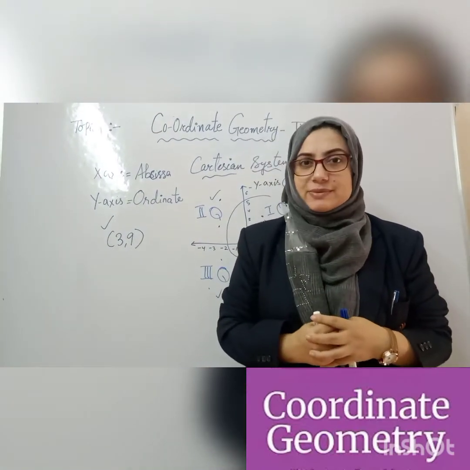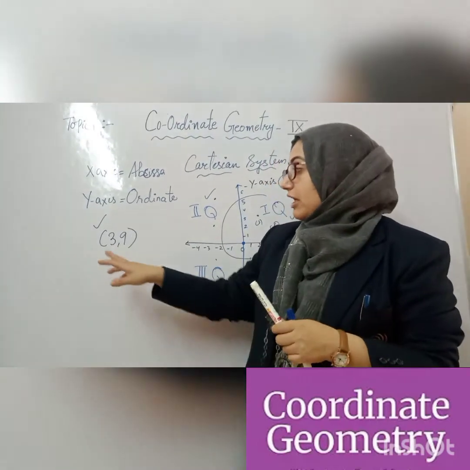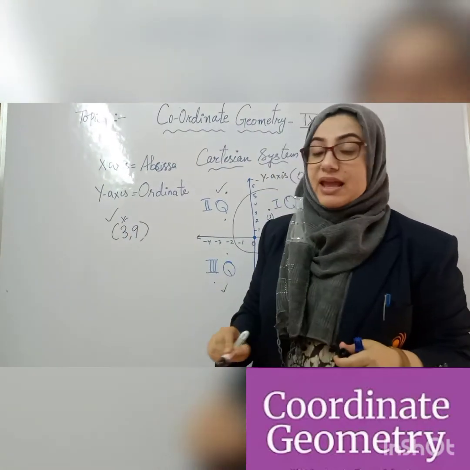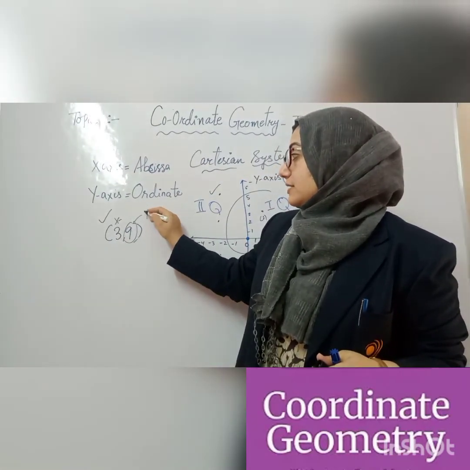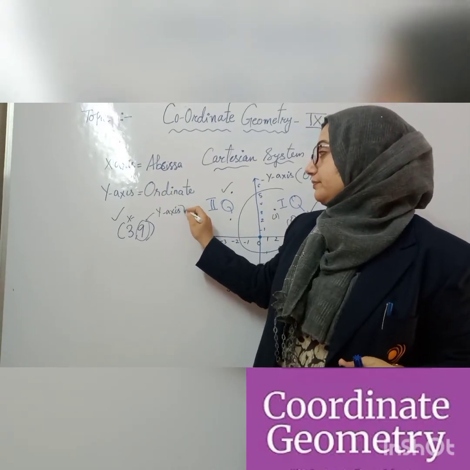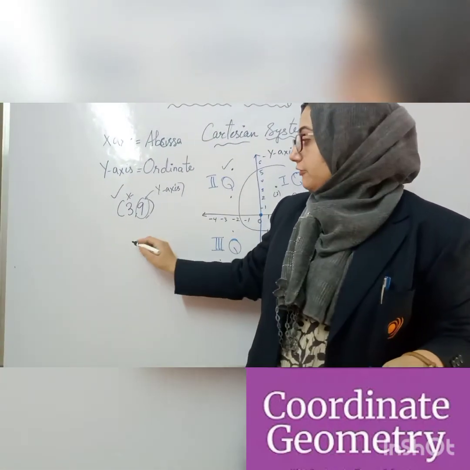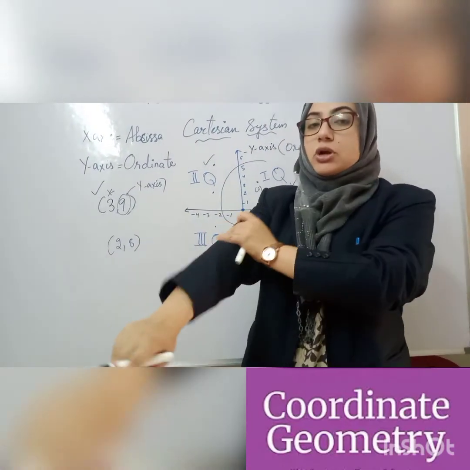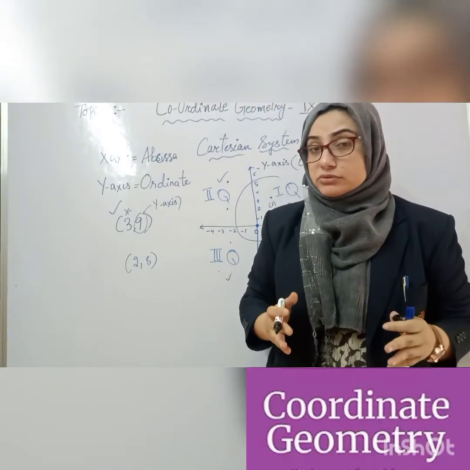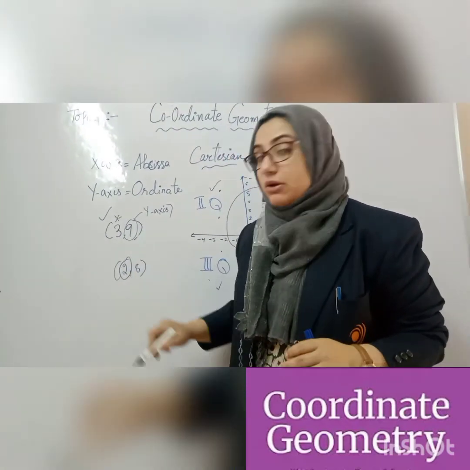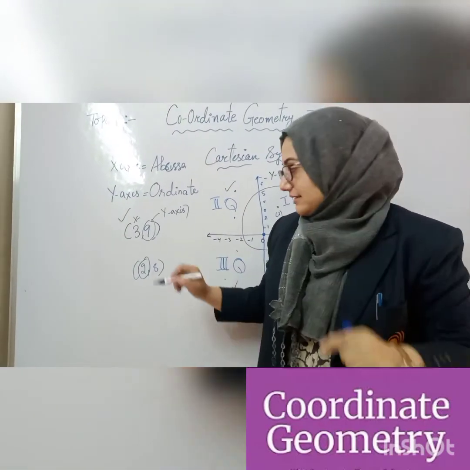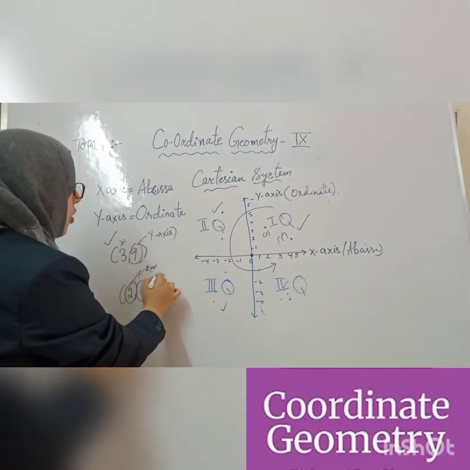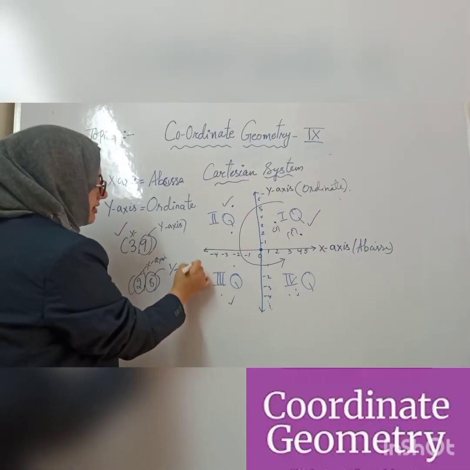So my dear students, remember always that the first number always denotes the x-axis and the second number is always the y-axis. This is forever. If you have, suppose, 2, 8, and you're confused which one to choose, remember always that the first number always denotes the, come on, x-axis. Very good. It is the x-axis. And the second number always denotes the y-axis.